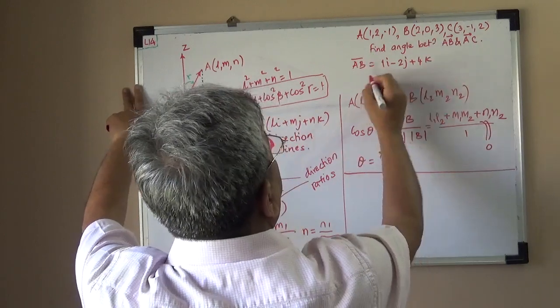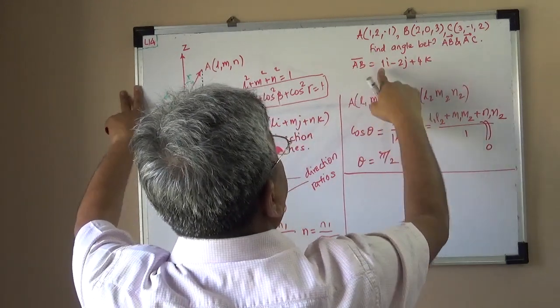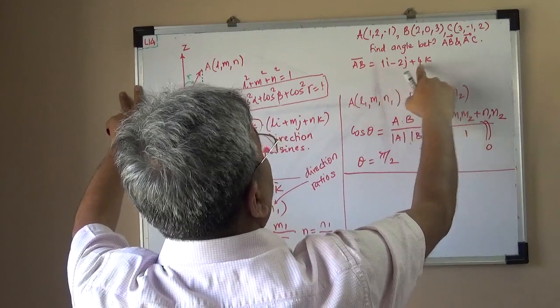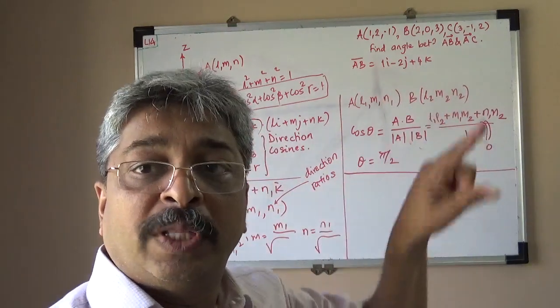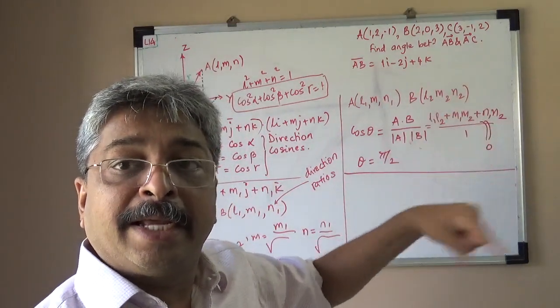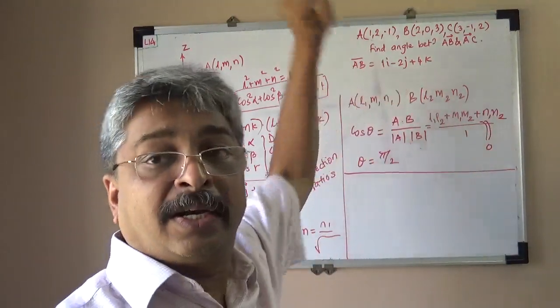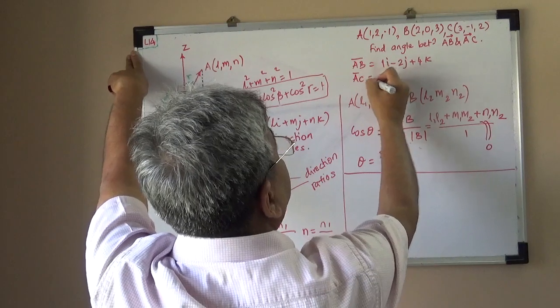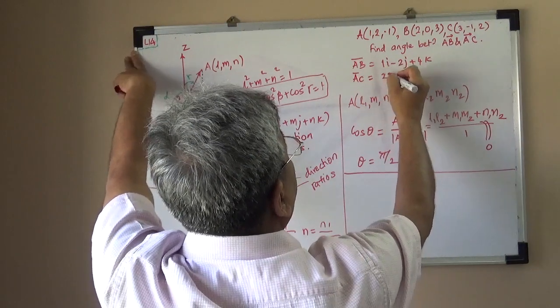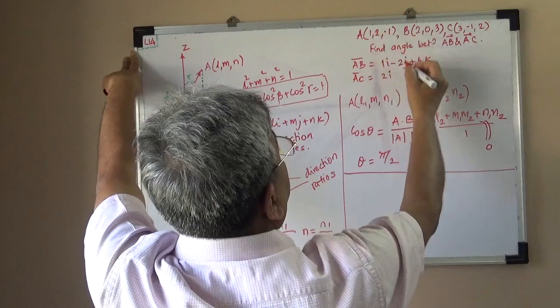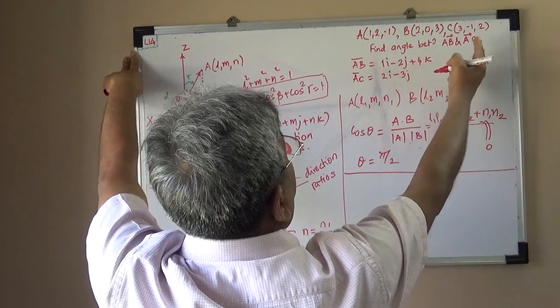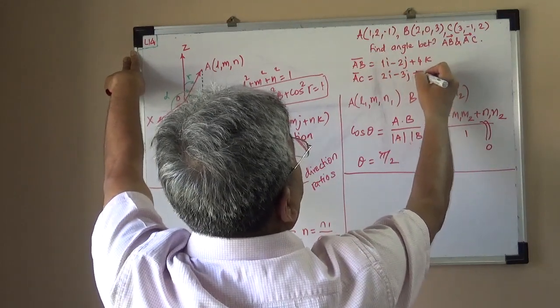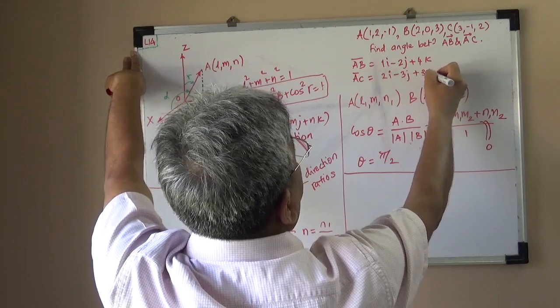This is vector AB. And now this 1, -2 and 4 are l1, m1 and n1. They are direction ratios of vector AB. Now vector AC is 3 minus 1 is 2i, -1 minus 2 is -3j, and 2 minus 1 is plus 3k.